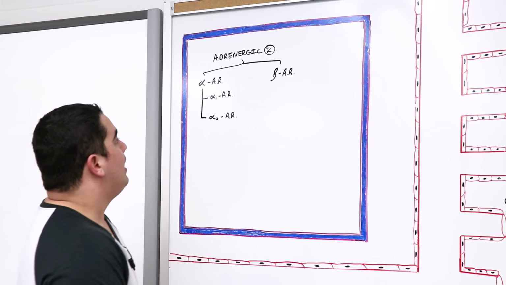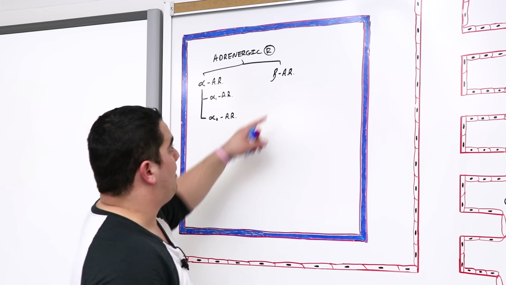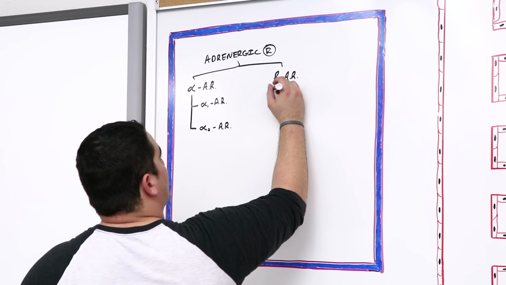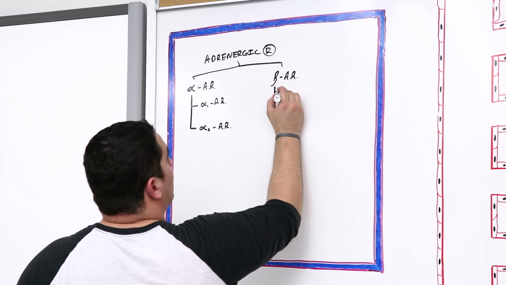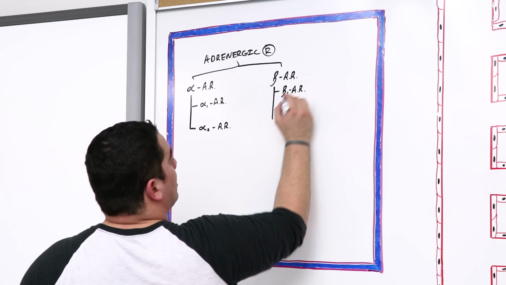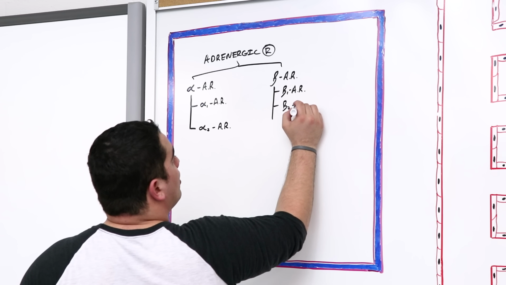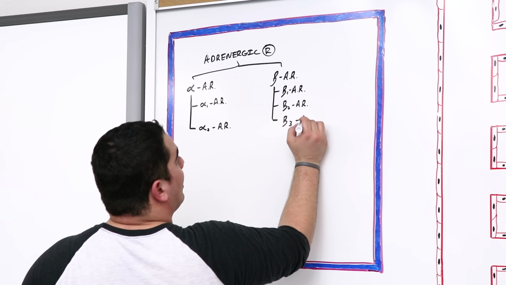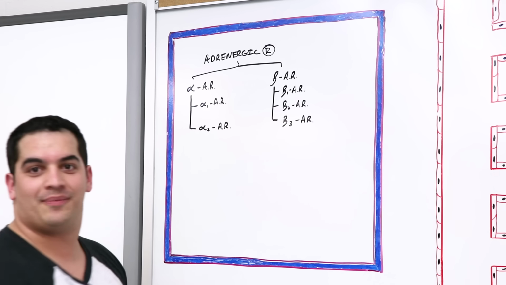Beta adrenergic receptors, there's three types, and these are simple: beta 1, beta 2, and beta 3 adrenergic receptors.